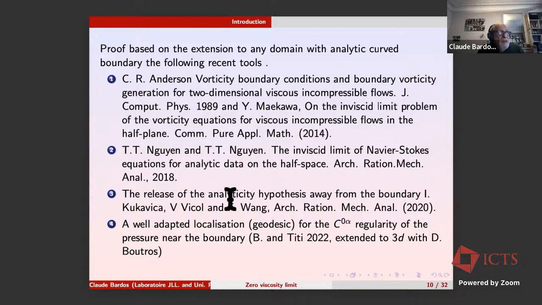But as you will see in the next slide, this Maekawa condition, this Anderson condition, really relies on some type of analyticity.